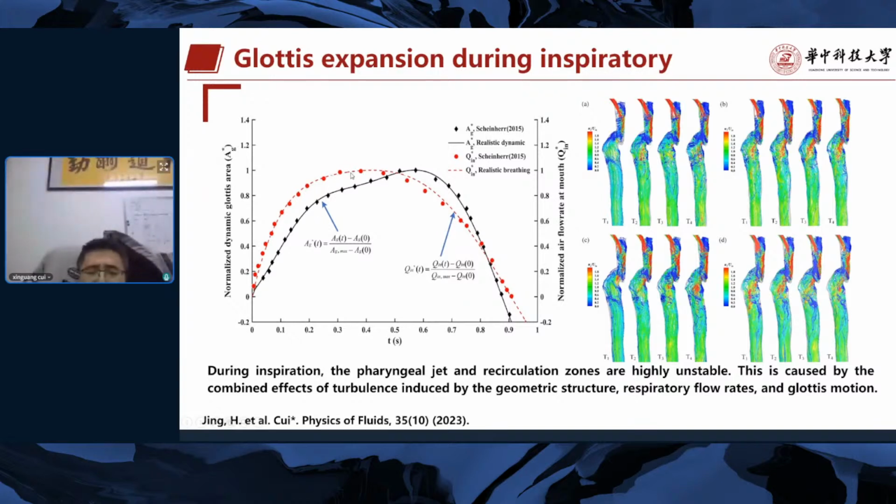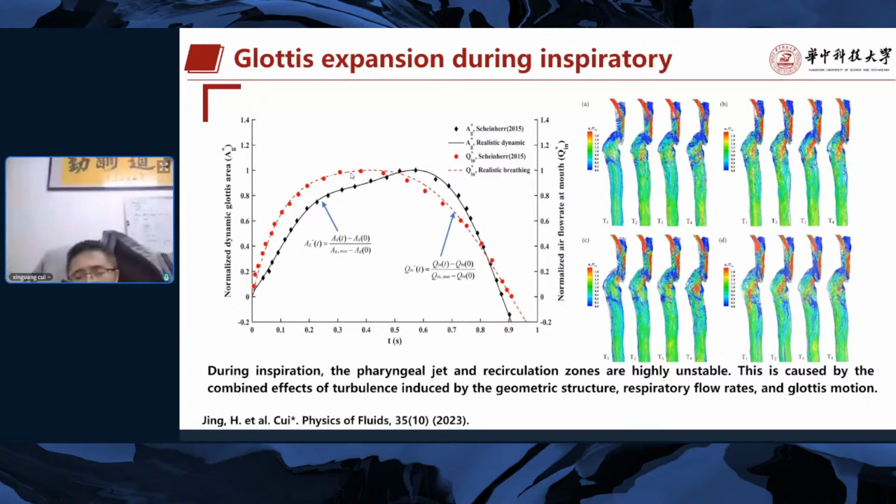In fact, we study the flow rate considering the glottis motion separately for the respiratory phases.